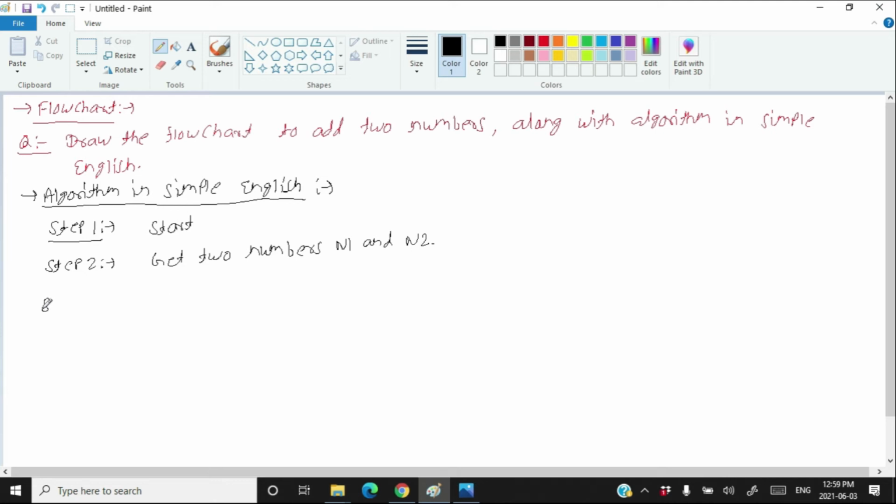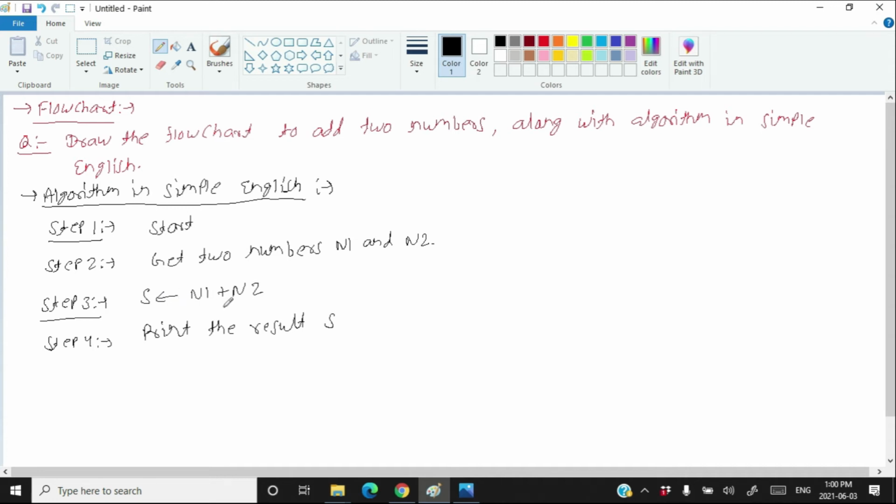After that, step 3. Step 3 is you calculate s = n1 plus n2. Step 4 is print the result s. Add these two numbers, store them in s. This is the assignment. I told you there are two ways to do assignment: either you can write the equal sign or you can write this left arrow.